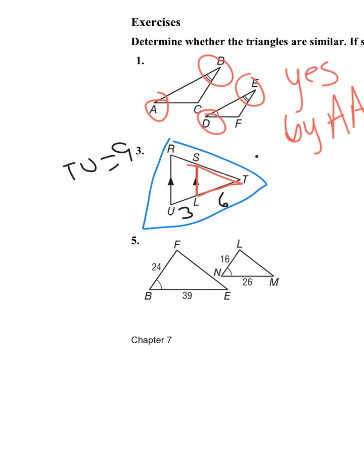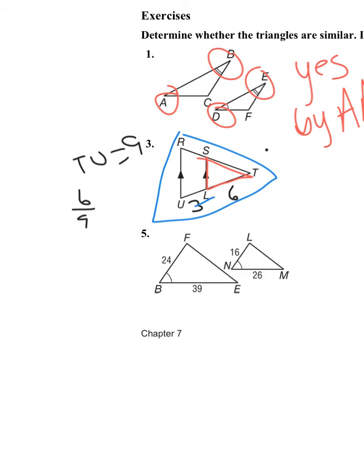So if you're comparing the little one to the big one, it's 6/9 on that side, right? Not 6/3, okay? This extra part is not a length by itself. It combines to make the whole side right there, okay?